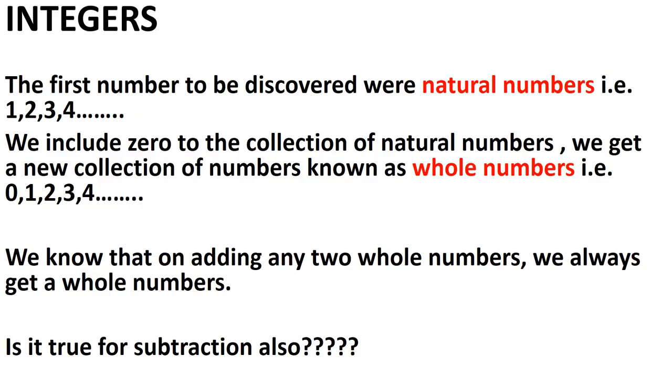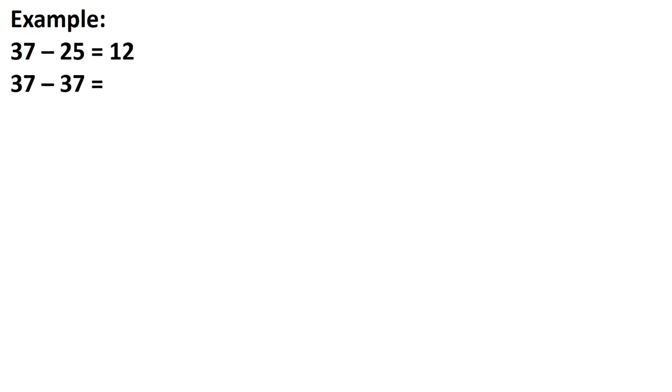Can we say that when we subtract two whole numbers, we will get a whole number? No. Now see the example. 37 minus 25 is 12. This is a whole number. 37 minus 37 is 0. That is also a whole number.